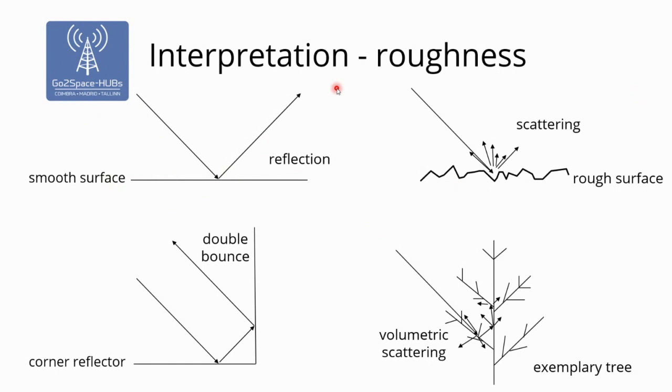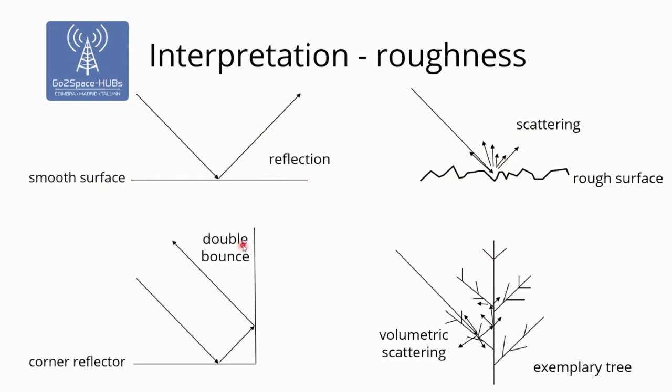So nothing will go back to the antenna when the surface is smooth, even if it reflects 100%. With a rougher surface, we can see some scattering and some part of the signal returns to the antenna, so this rougher surface will be brighter than a smooth surface.